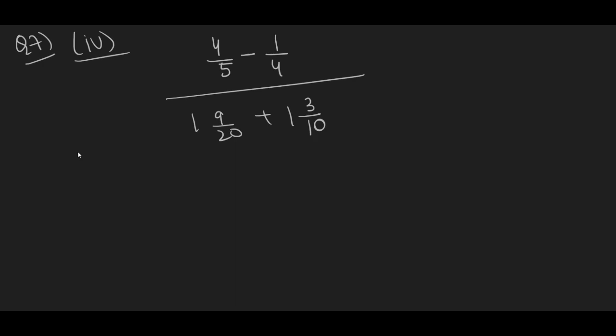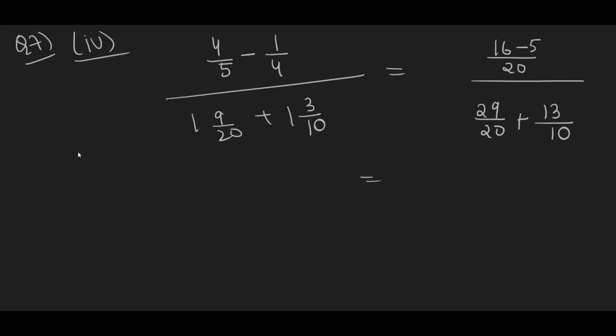So we'll solve the numerators first. So the LCM will be 20. 4 5s are 20. So 4 into 5 into 4, 4 4s are 16, minus 4 5s are 5 upon, convert them into improper fractions. So 20 into 1 is 20 plus 9, 29 upon 20, plus 10 into 1 is 10 plus 13 upon 10.